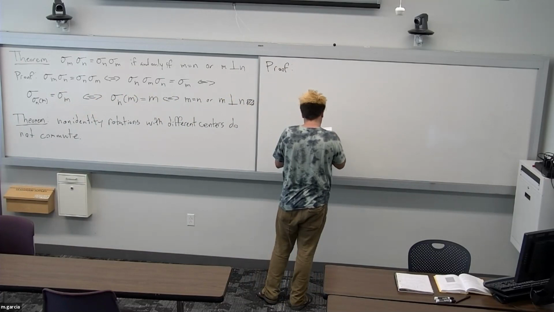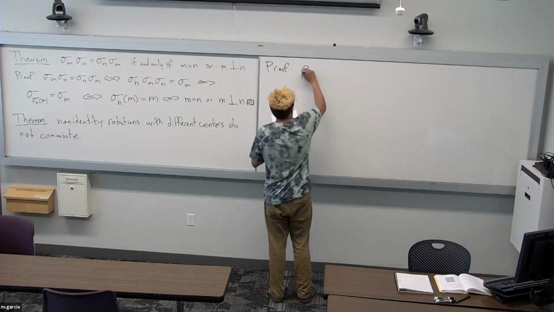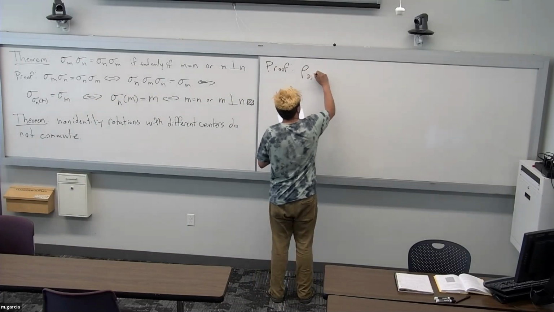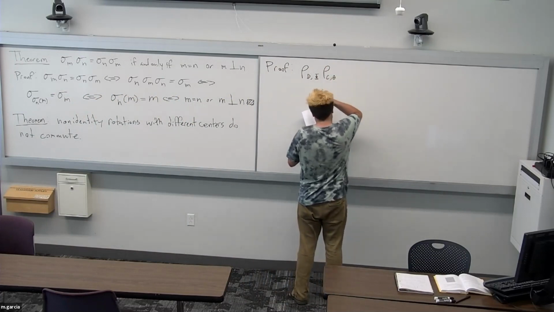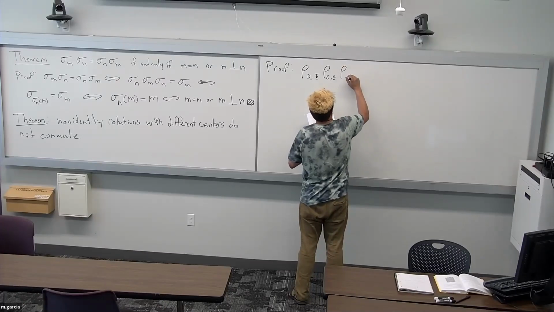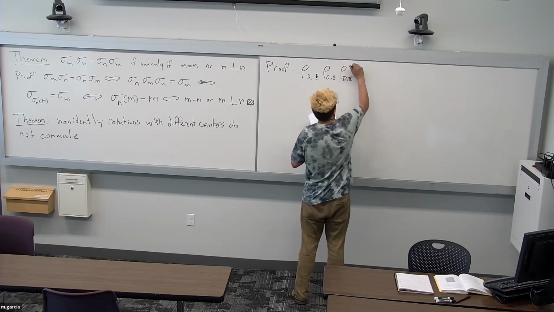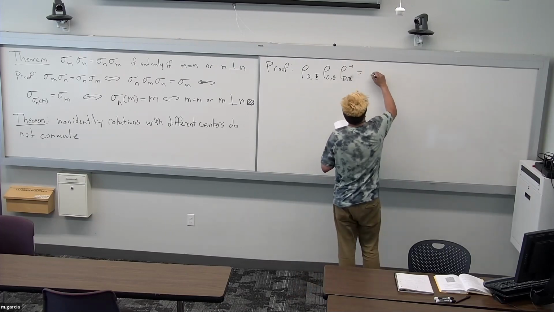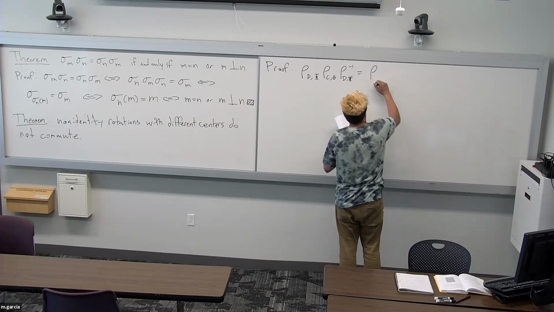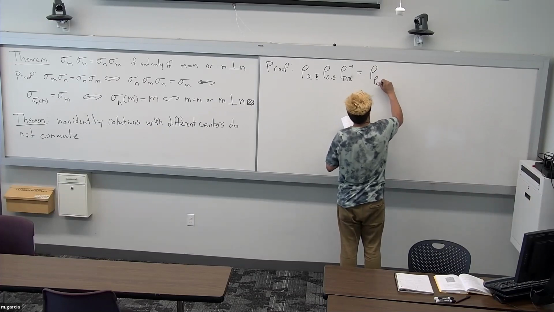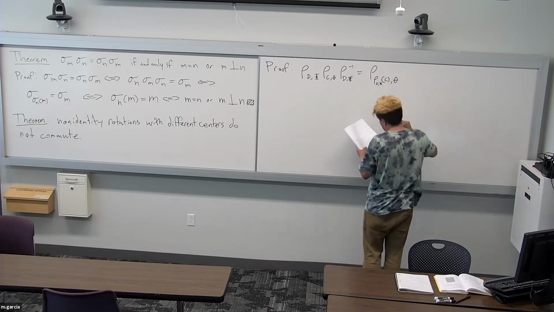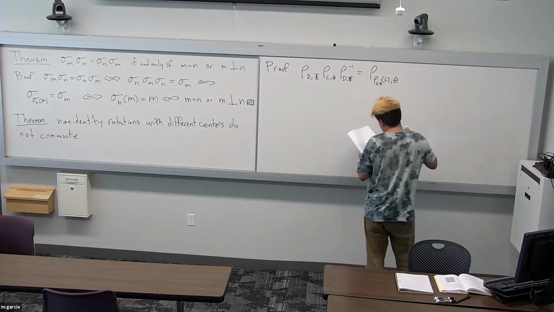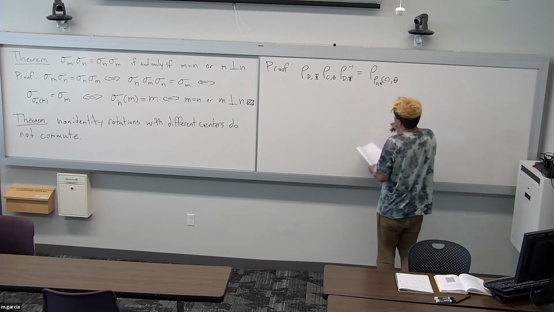So let's take a conjugation, rho_{d,phi} times rho_{c,theta} times rho_{d,phi} inverse, which by our formula for conjugation is just rho sub d,phi of c comma theta, right?